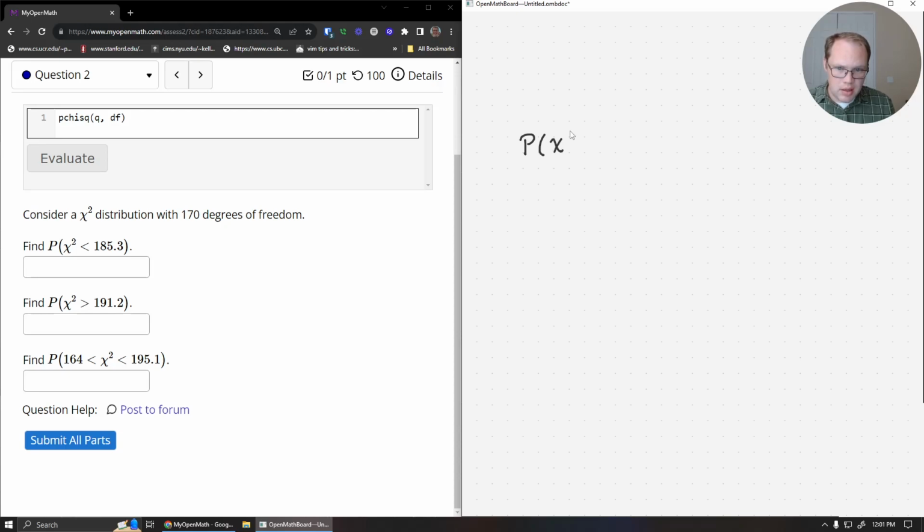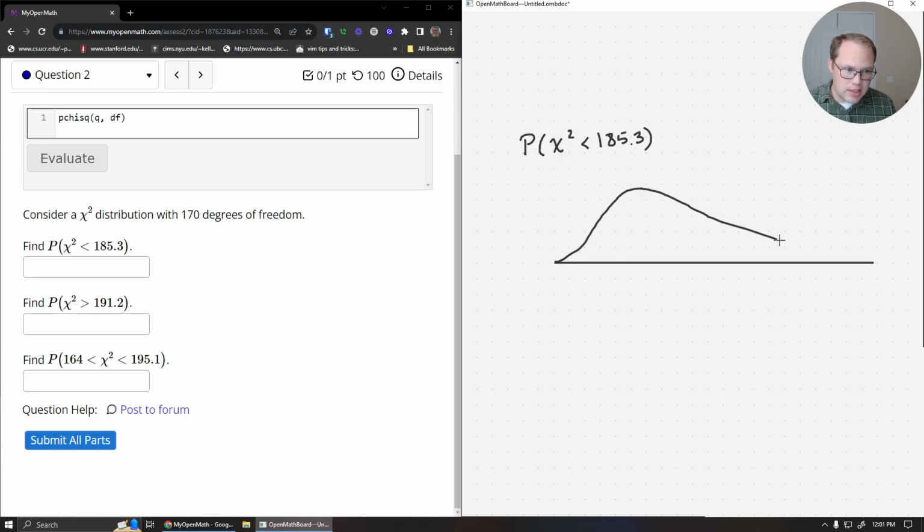that chi-square is less than 185.3. Okay? So if we sketch that out, and you just need a rough sketch here. Now remember, chi-square distribution is not symmetrical, so it's not going to be the same shape on both sides. It generally looks like this, with the degrees of freedom somewhere over here.